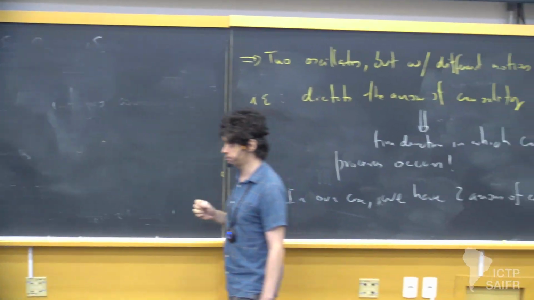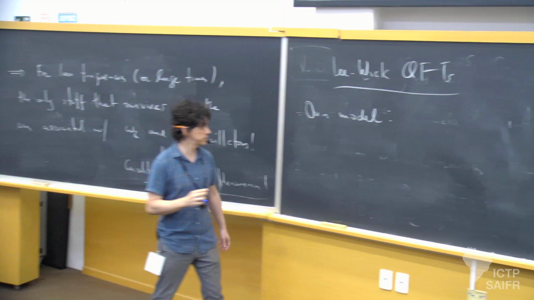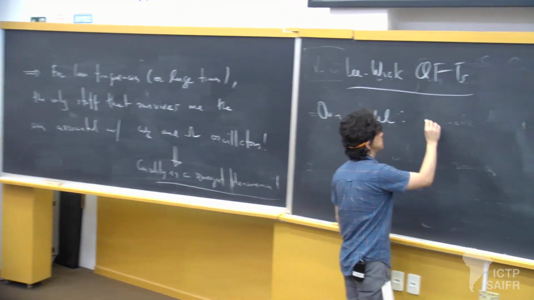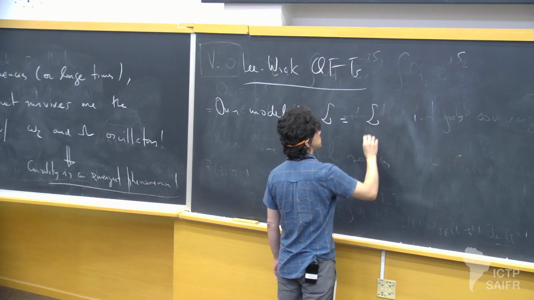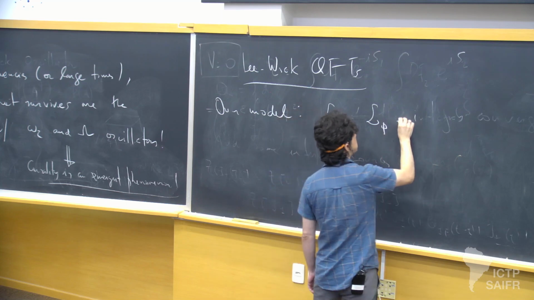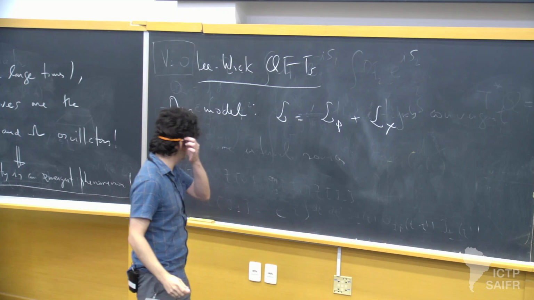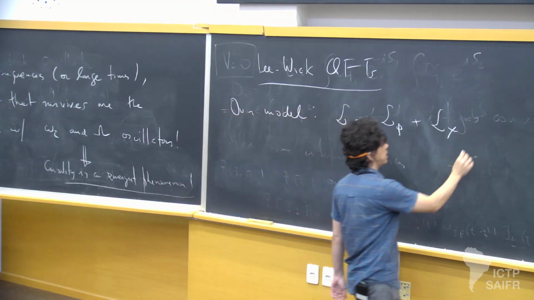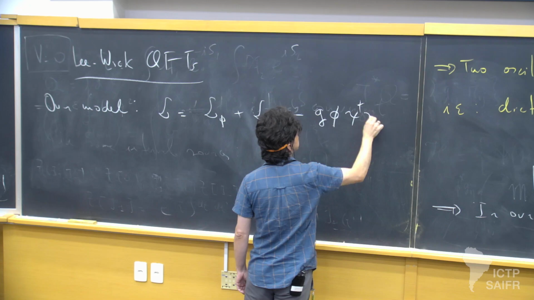But for now, I'm just going to consider this simple model. So let's say that we have the Lagrangian, which I'm going to write as L phi plus L chi plus a given interaction, which I can just write as phi chi dagger chi.